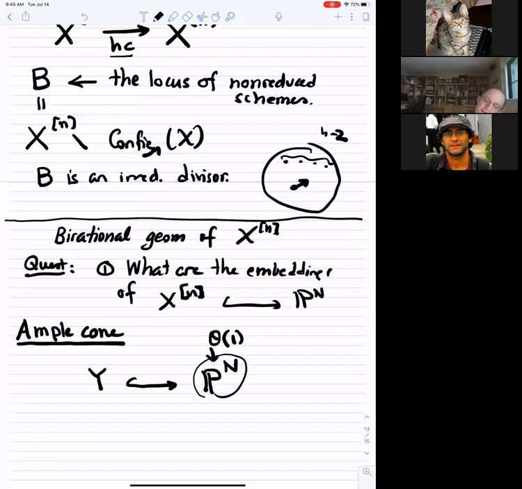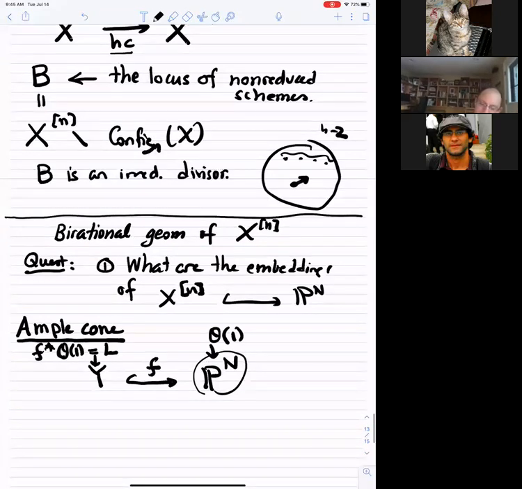If you have this embedding, you can pull this back and you get a line bundle L on Y. Such a line bundle is called very ample.